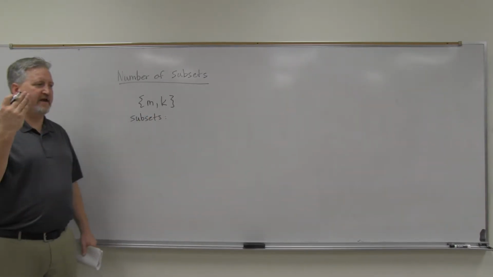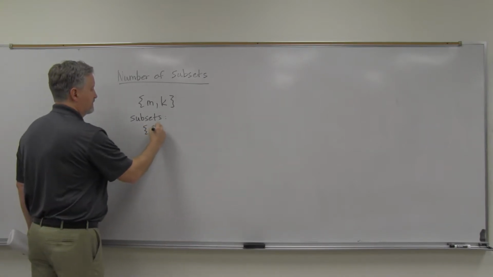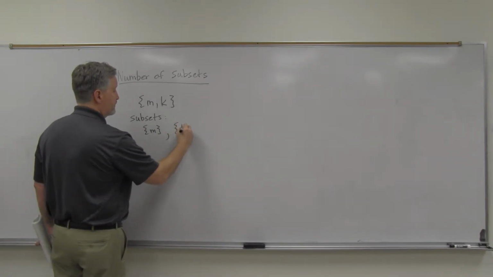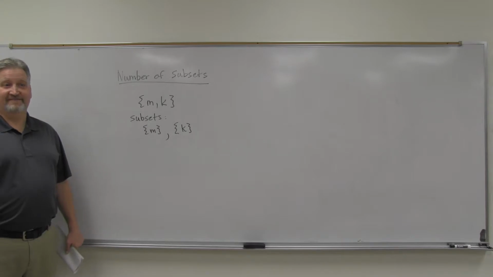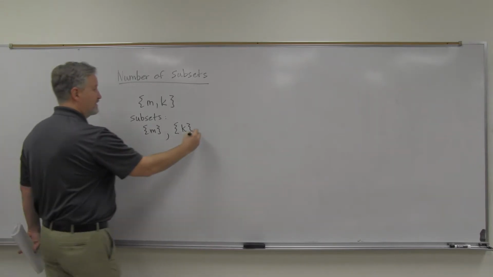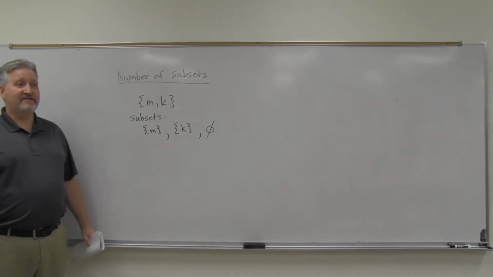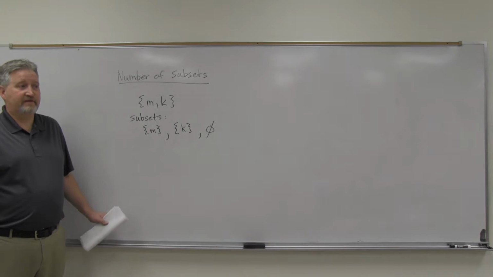Well, obviously I could have mustard only. I could have ketchup only. But what else could I have? Plain, which is the empty set, isn't it? Doesn't it make sense that I should list the empty set here? Yeah, that's a possibility for this.